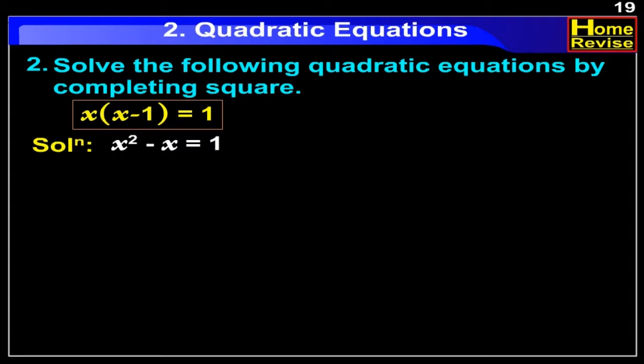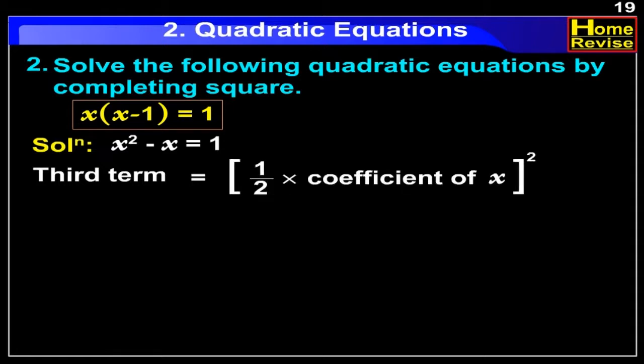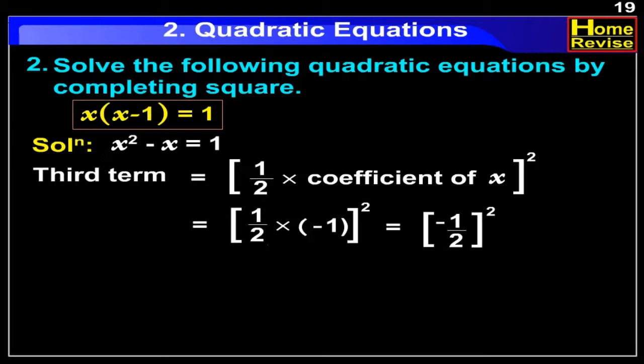Now, we will make LHS a perfect square by using third term is equal to half into coefficient of x whole bracket square, is equal to half into minus 1 whole bracket square, is equal to minus 1 upon 2 whole square, which is equal to 1 upon 4.